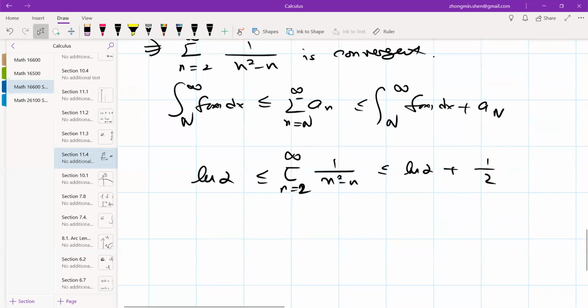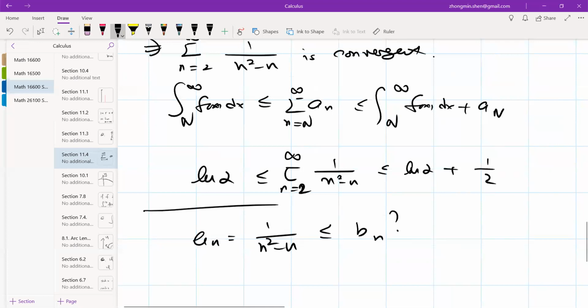So we go back to the n squared minus n series. Can I get something like that? I have to get the upper bound because I know it's going to be convergent. Based on my experience, n squared is the leading term. So the question is, how can I put some constant divided by n squared?